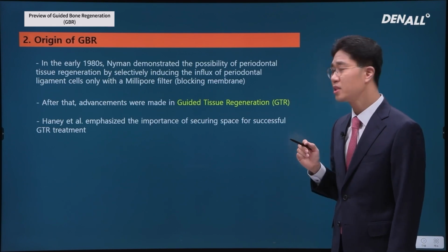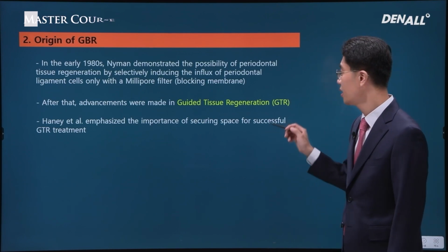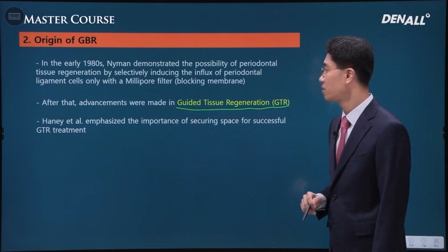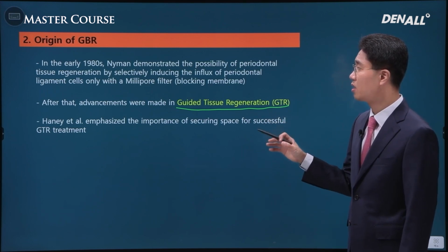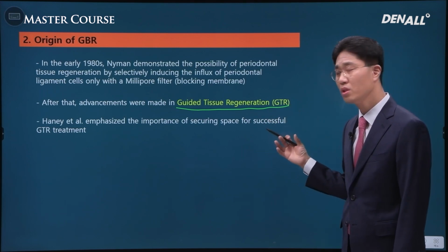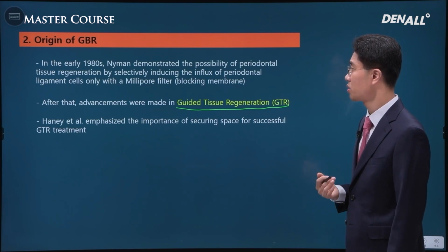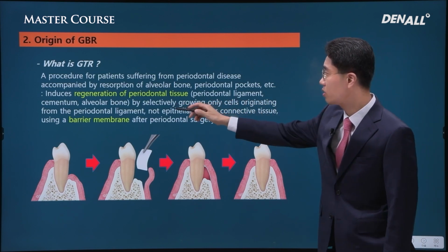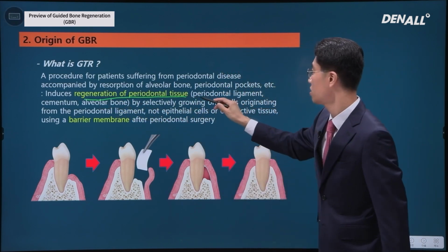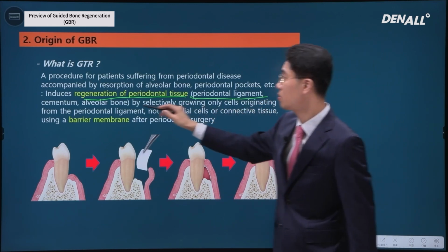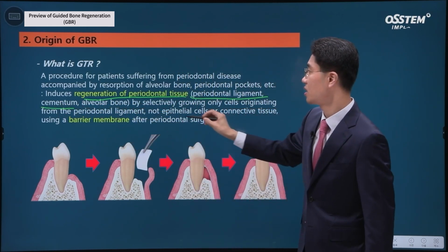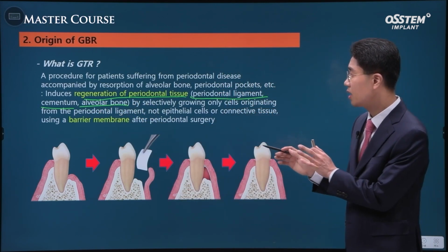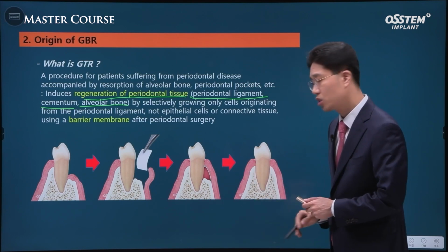GBR stems from GTR. GTR is in the sphere of periodontology. With the dawn of the implant era, GTR has developed into GBR. GTR is a procedure which regenerates periodontal tissue, such as periodontal ligament, cementum, and alveolar bone. Using a barrier membrane, periodontal tissue is regenerated.